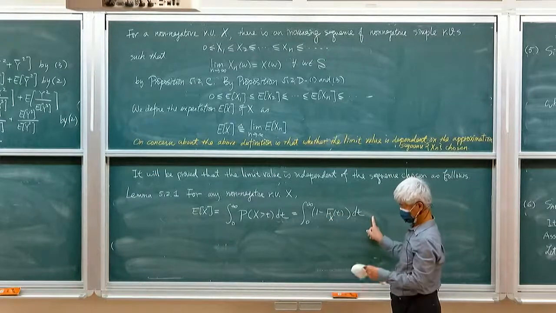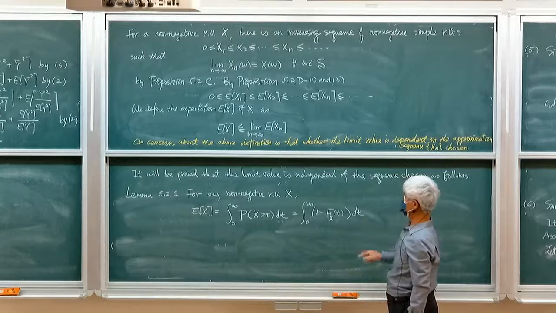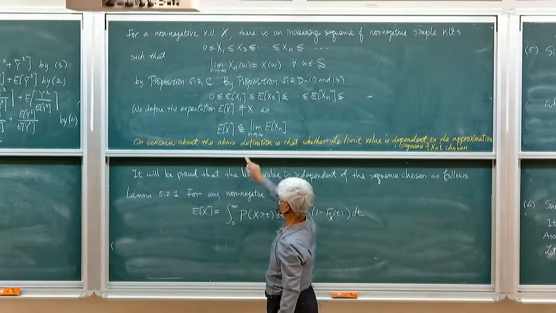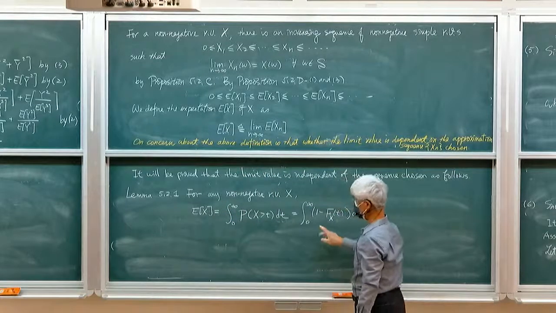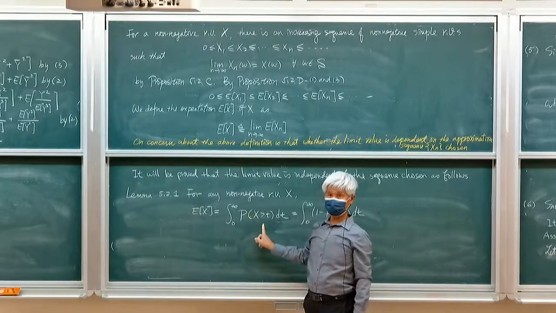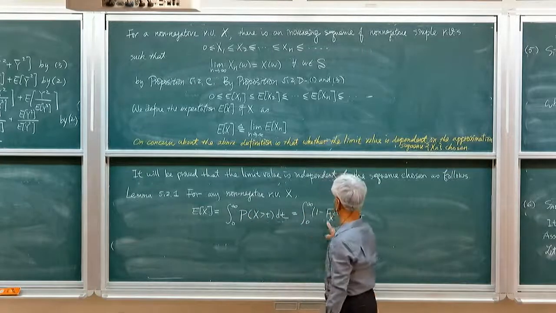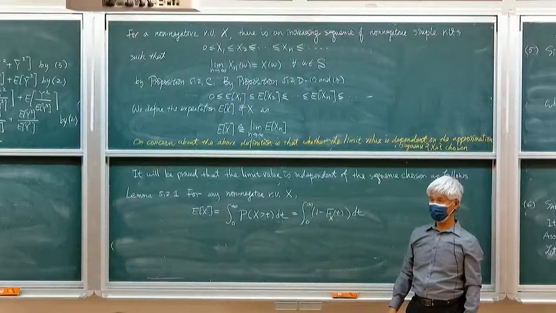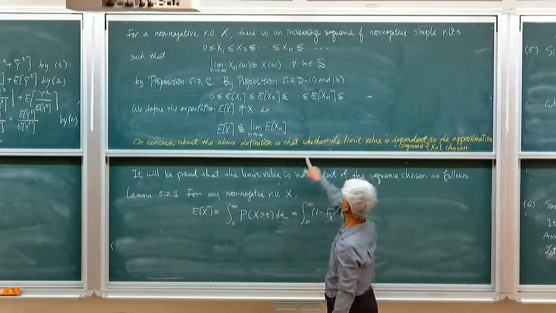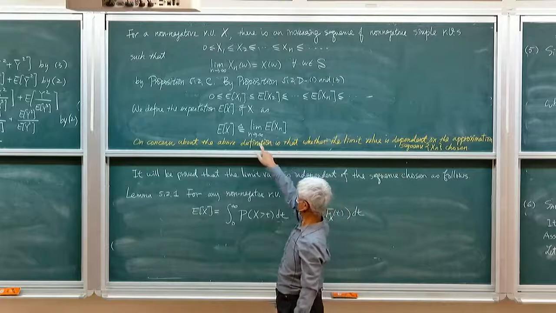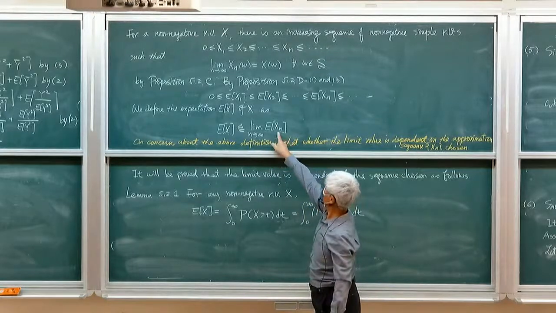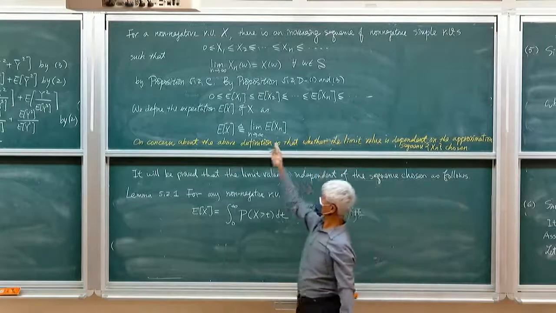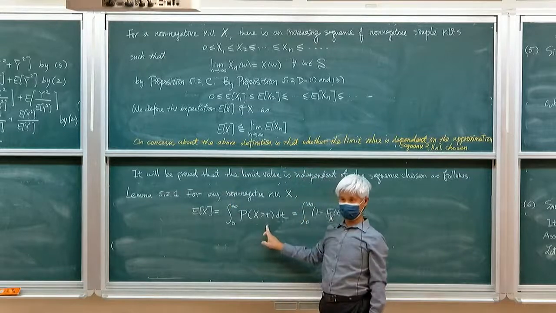Okay. So I'll show you that this definition ends up with this formula, and you can see that this formula depends only on the distribution function. So once we prove this lemma, then even if you have a different approximation sequence, the value is the same as this one.